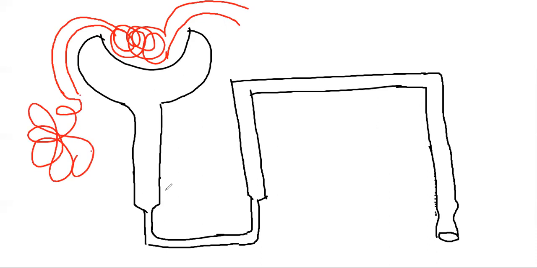If we try to label all these things, here is the afferent arteriole through which the filtered product passes, and from there it filters through the Bowman capsule into the proximal part of the nephron, and then to the proximal convoluted tubule. Here is the PCT, proximal convoluted tubule.